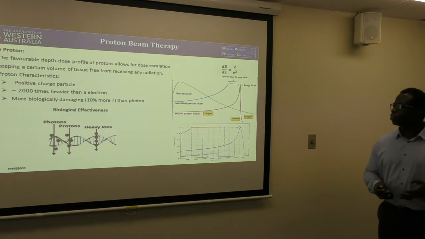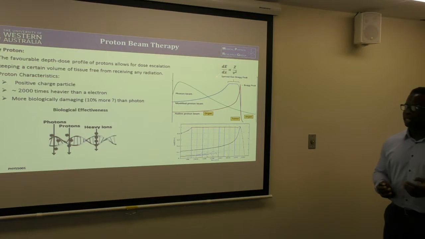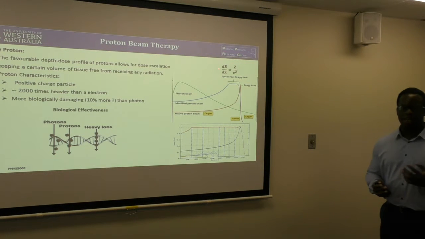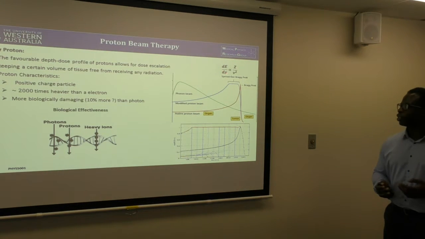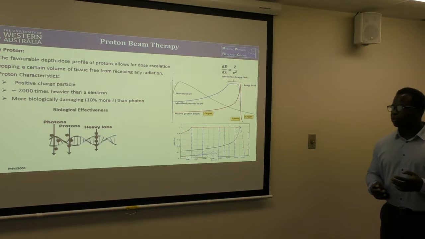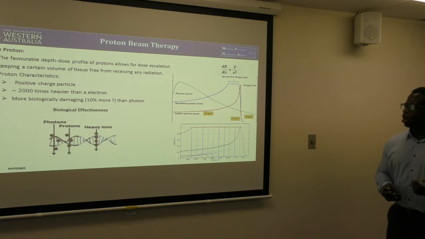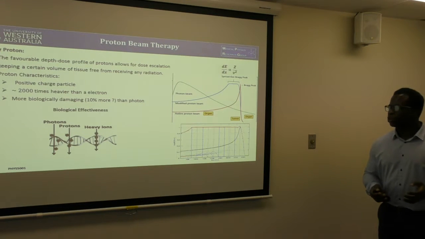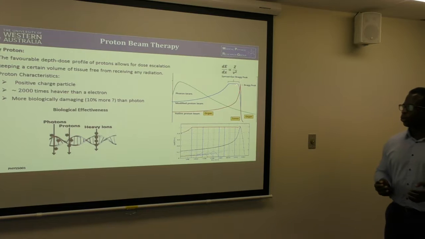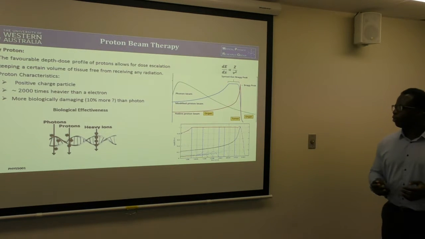For charged particles, the rate of energy loss in matter is proportional to their mass and inversely proportional to the square of their velocity. This means that as the proton traverses matter and its speed decreases, more and more energy is deposited in tissue, such that towards the end of the range of the particle, there is a sharp increase in the dose deposited, resulting in a Bragg peak, followed by a rapid falloff to zero after.